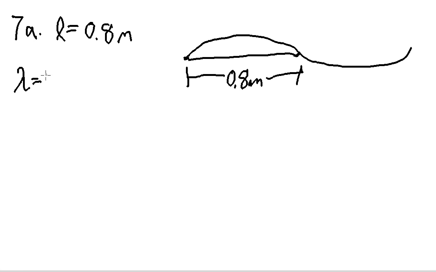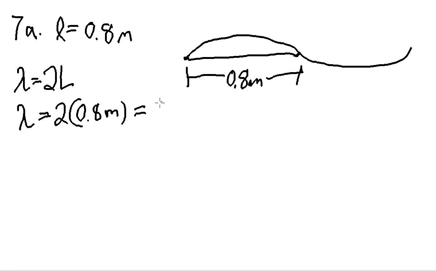Well, the wavelength is going to be twice the length. So all we have to do is plug in our length. Well, I use the lowercase l. You get what I'm saying though, hopefully. 2 times 0.8 meters, and that gives me a full wavelength of 1.6 meters.